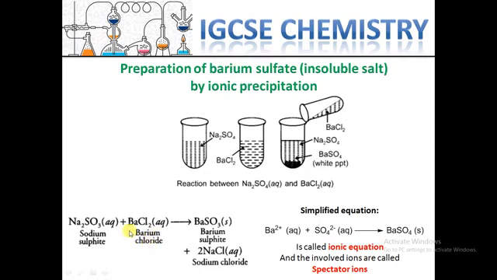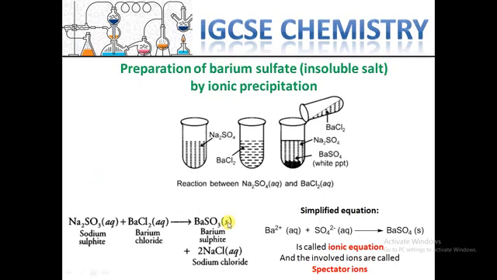When we add barium chloride slowly to sodium sulfate, you will get a precipitate of barium sulfate. The remaining solution is sodium chloride, and after a while the reaction stops because the white precipitate, barium sulfate, cannot continue the reaction anymore.